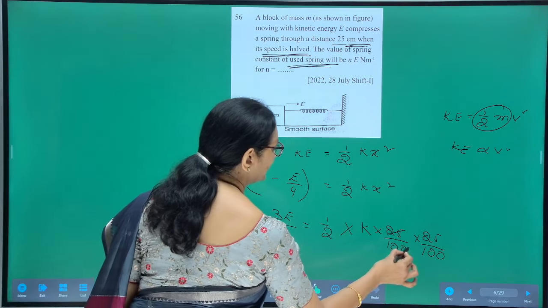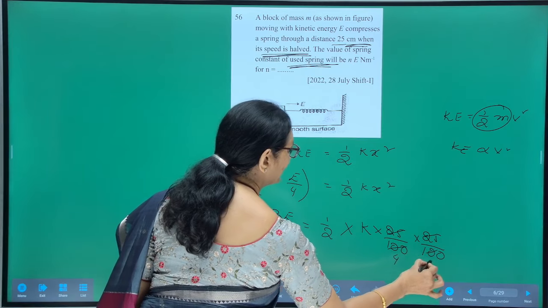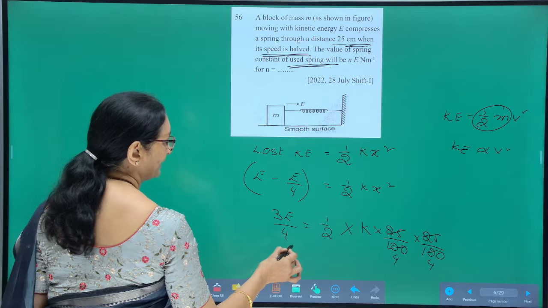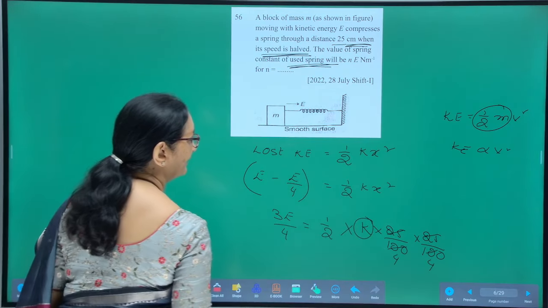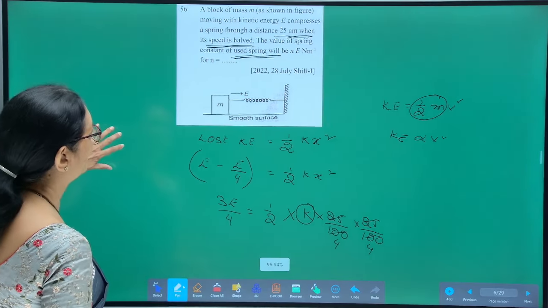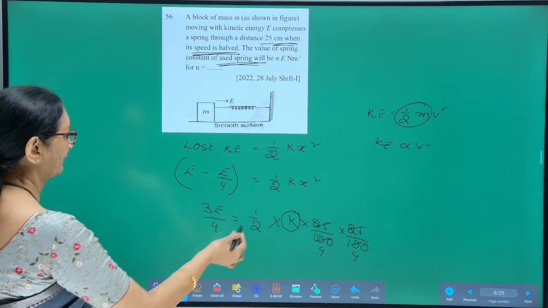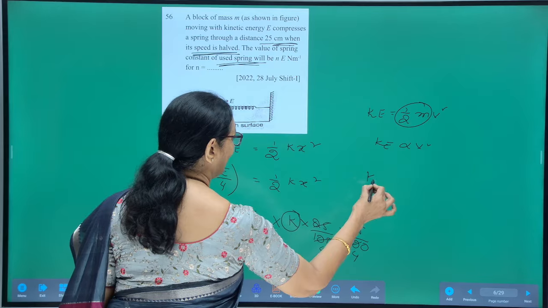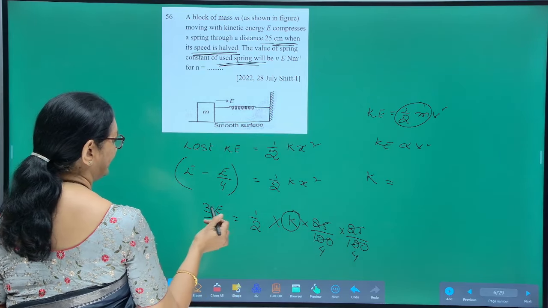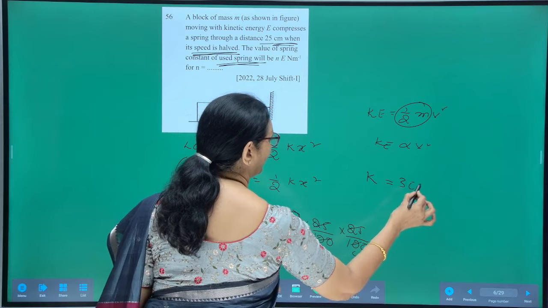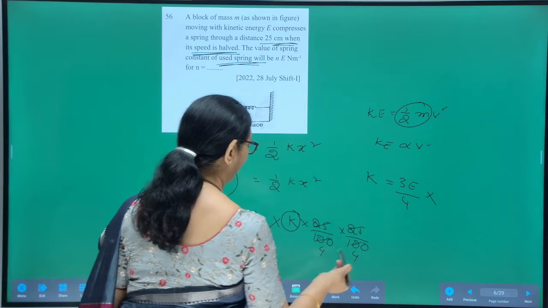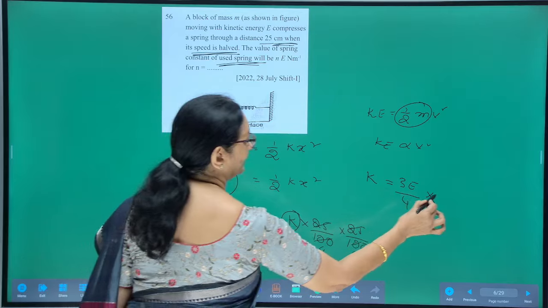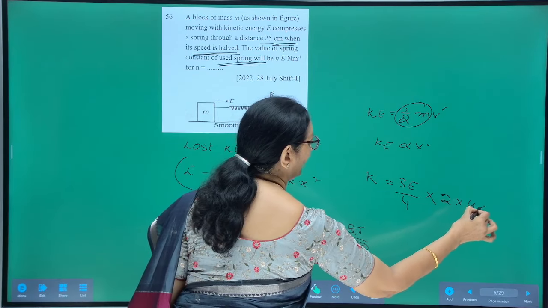Here this gets cancelled 4 times, this gets cancelled 4 times. You want to find the value of k here. So, how do you find k? From this, k is equal to 3E by 4, 3E by 4 into 2 into 4 into 4.